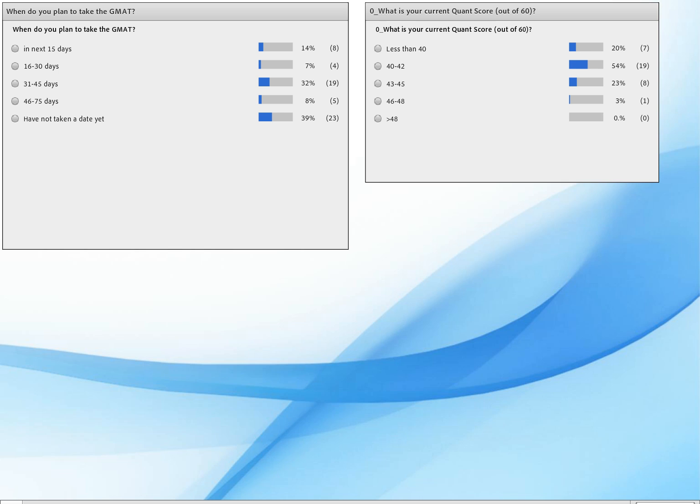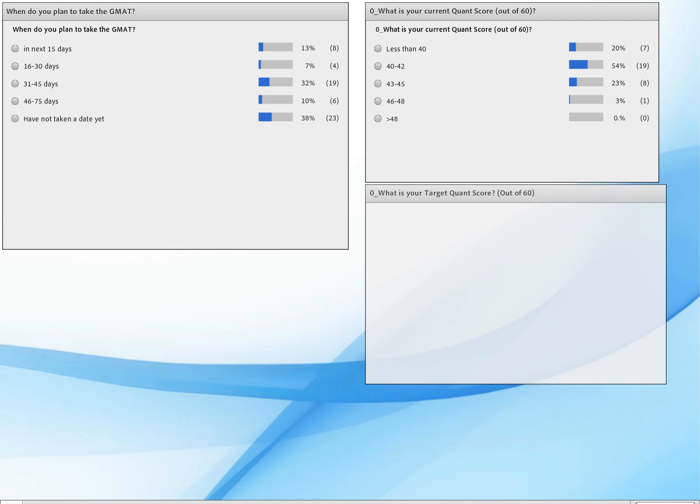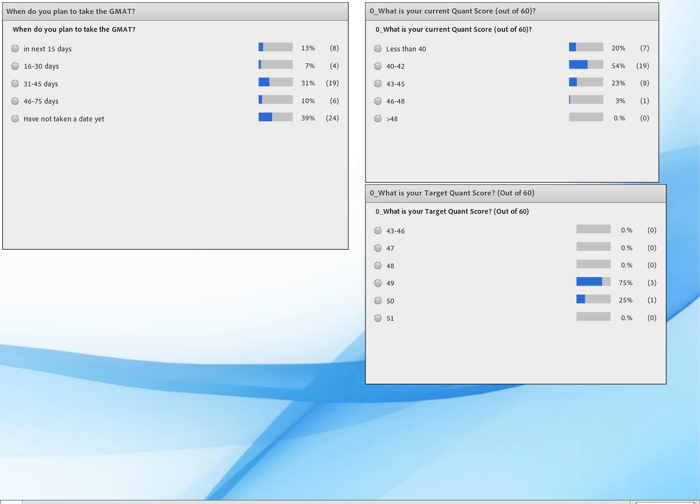Another question, and the last question before I move ahead with the presentation, is what is your target quant score? All right, so let me end the first poll.